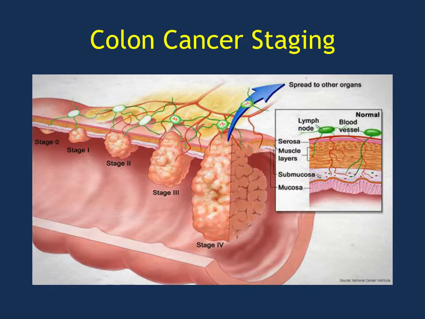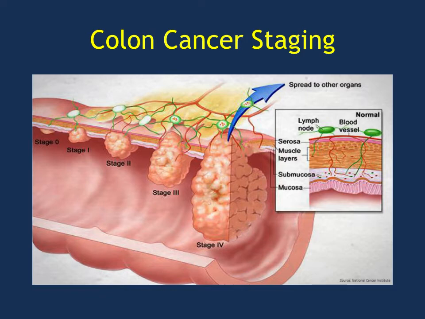So I'm going to provide you with some background information on colon cancer staging. Like most cancers, it has 4 stages. And the T staging has to do with the depth of invasion. So T1, 2, 3, 4. T1 is the most superficial tumor that goes into the submucosa. T2 goes into the muscularis propria. T3 goes into the serosa, and T4 into surrounding structures.